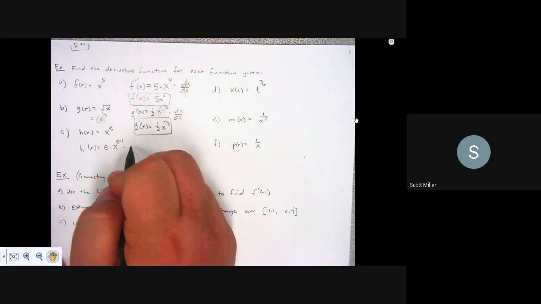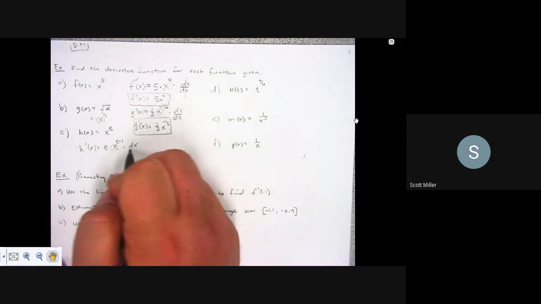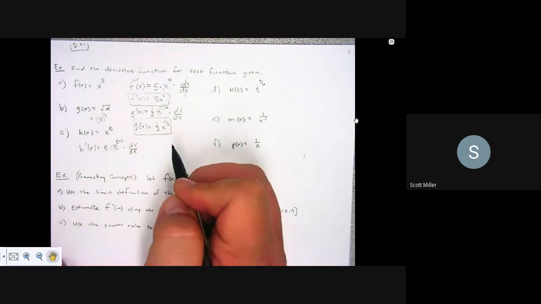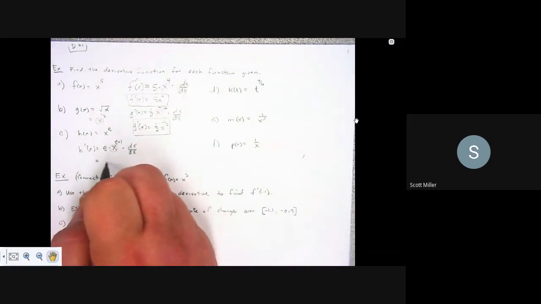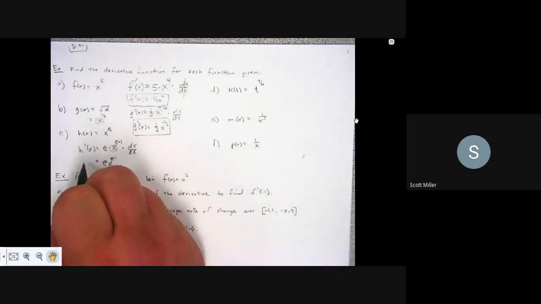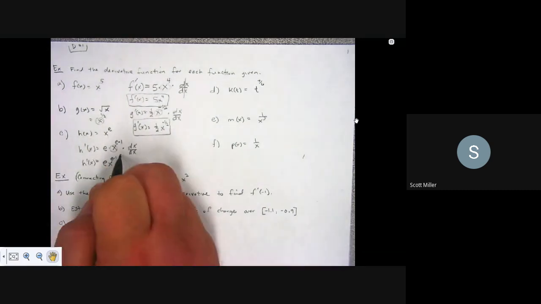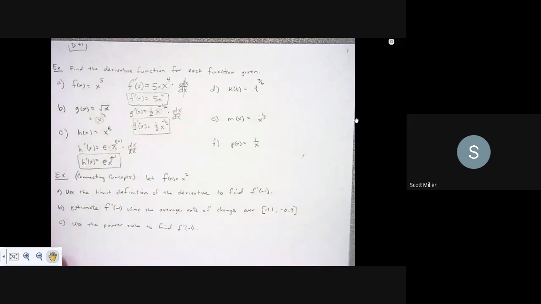Then we have to multiply by the derivative of that quantity with respect to x. And again, we can see there's going to be a 1. And so this becomes e times x to the e minus 1. That is what that is equal to. Since you don't know what e is exactly, you just leave it in that format right there.